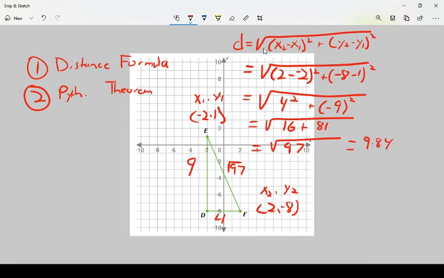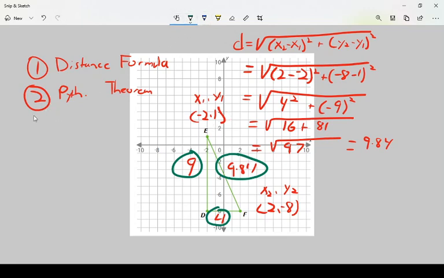Okay, so instead of writing the square root of 97 for the length, I'll just write 9.84. Okay, now to get the perimeter of our shape, we'll just add 9 plus 4 plus 9.84, and that will be the perimeter. Okay, so that's using the distance formula.